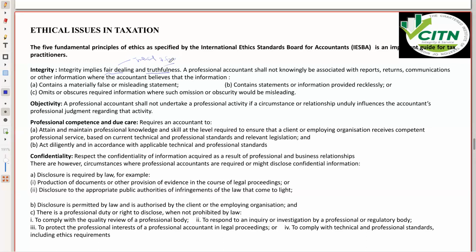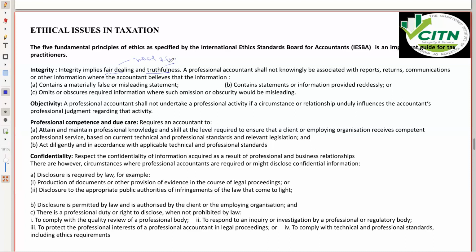Second ethical principle as a tax professional is objectivity. A tax accountant shall not undertake any activity if its circumstance or relationship unduly influences the accountant's professional judgment regarding that activity.